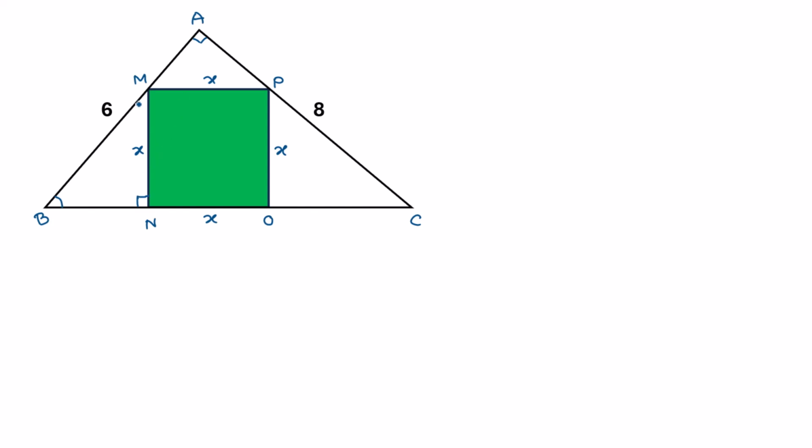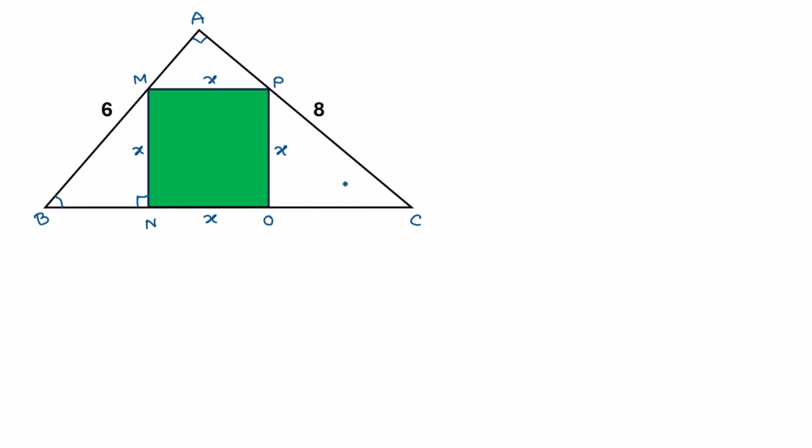So the rest of the angle will be equal. So the triangle BNM is similar to triangle ABC.